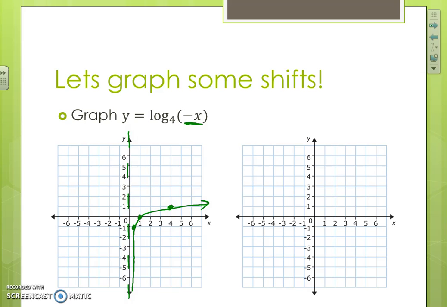Plotting each of my points there. Negative 1 goes with the reciprocal, 0 goes with 1, and 1 goes with your base. Now the negative's on the inside, so it's going to be flipping horizontally, which is flipping over the y-axis. So that point shifted from over there to over here. Other point here.